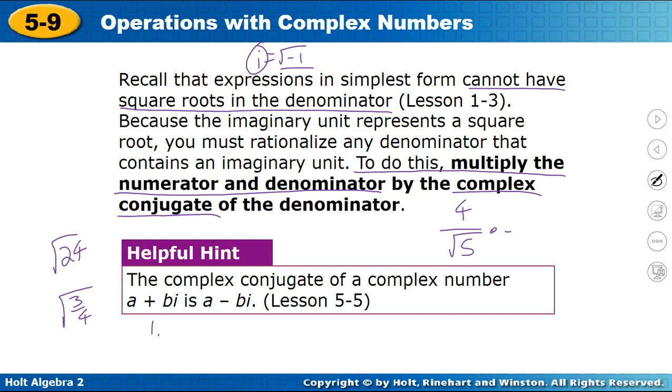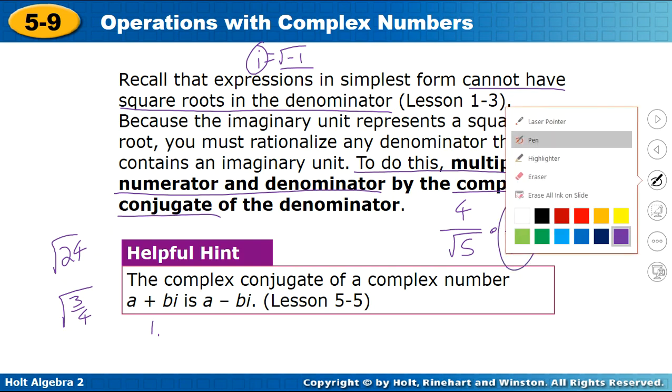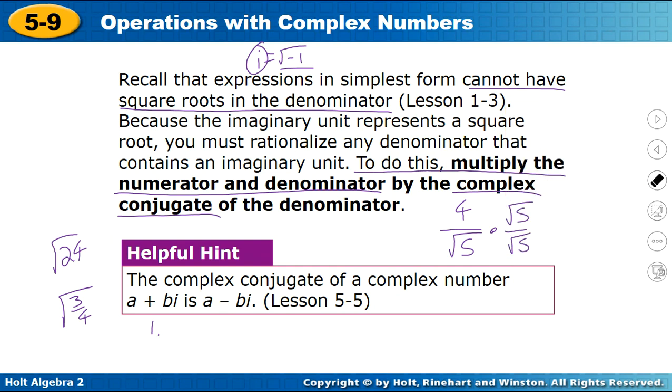So we multiplied by the square root of 5 over the square root of 5. This is equivalent to 1, right? Same thing on top as on bottom. So I'm not changing the value of the fraction. But when I multiply them together, I would have a perfect square in the denominator. Thus, when I simplified it, it would not be a radical anymore.